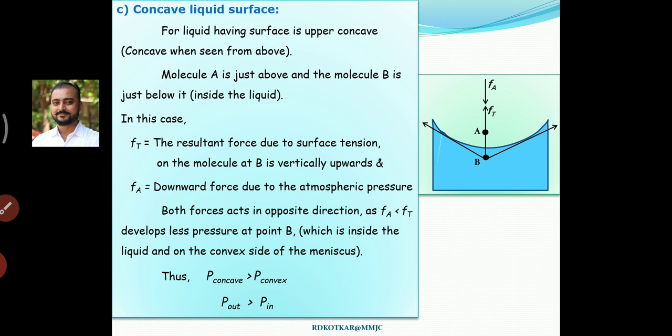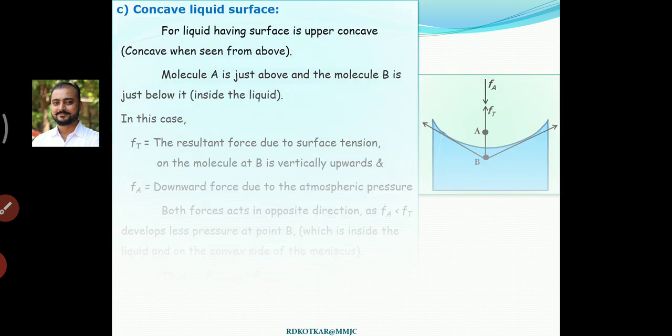Here, pressure on the outside should be greater and inside is smaller. But in the previous case, the pressure on the inside is greater compared to the outside. So remember, depending upon the shape of the meniscus, this in and out will change. Otherwise you can refer to this simple table.